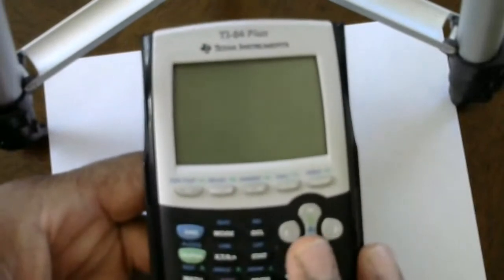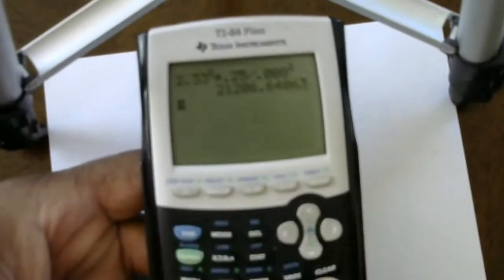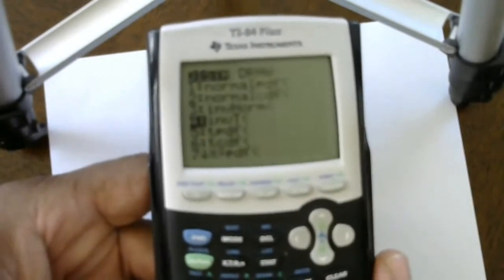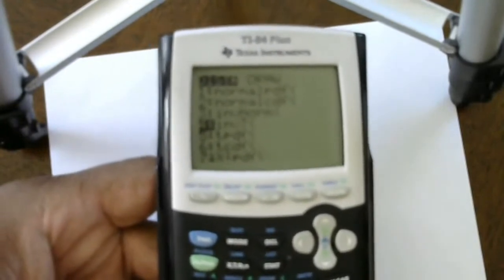Notice on our TI-84, if I go into distribution, I have an inverse T. The inverse T function is what we'll use to find the T alpha over 2 value. Here's what we're going to put in our calculator.